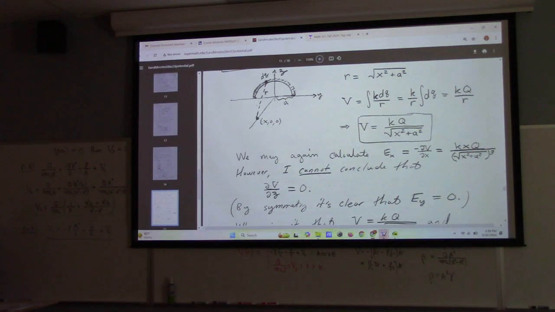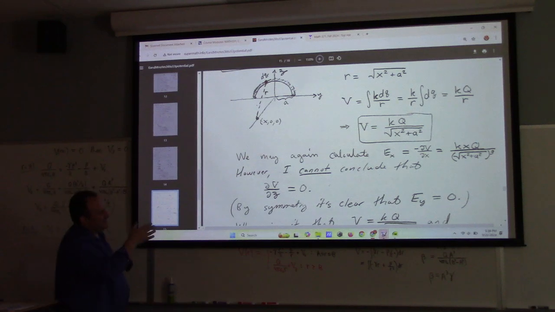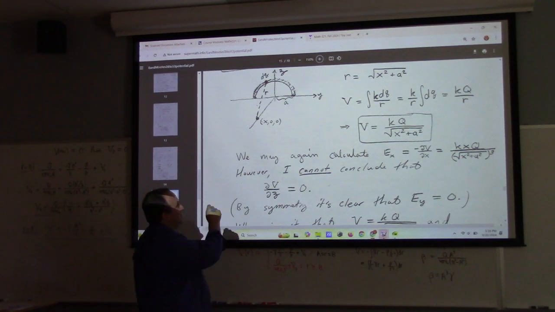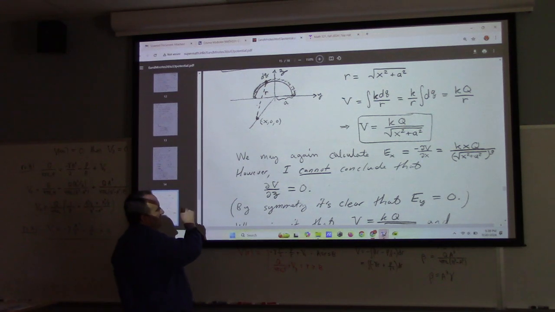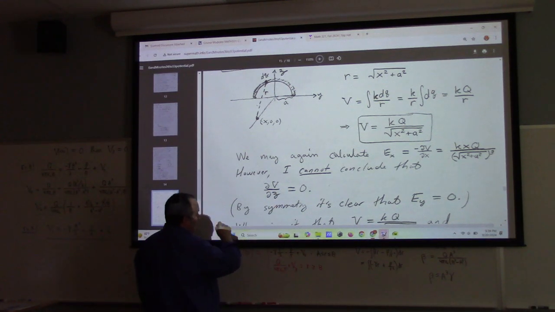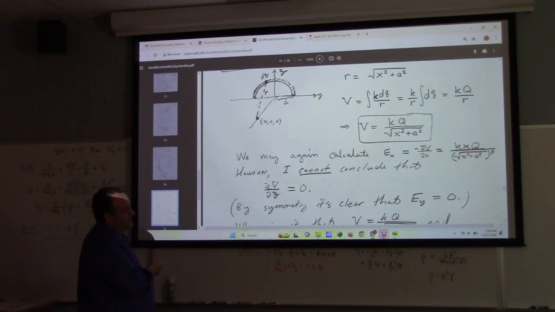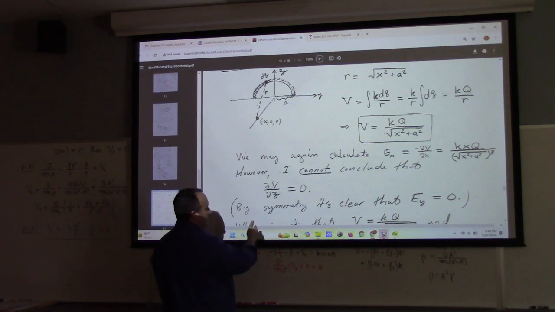But this is enough to figure out the x partial derivative, because this does capture how the voltage varies if I slide up and down the x-axis. I do have that much information from the setup, so I can figure out the x component of the electric field by differentiating with respect to x. But I cannot conclude, like I said, that partial v partial z is 0.